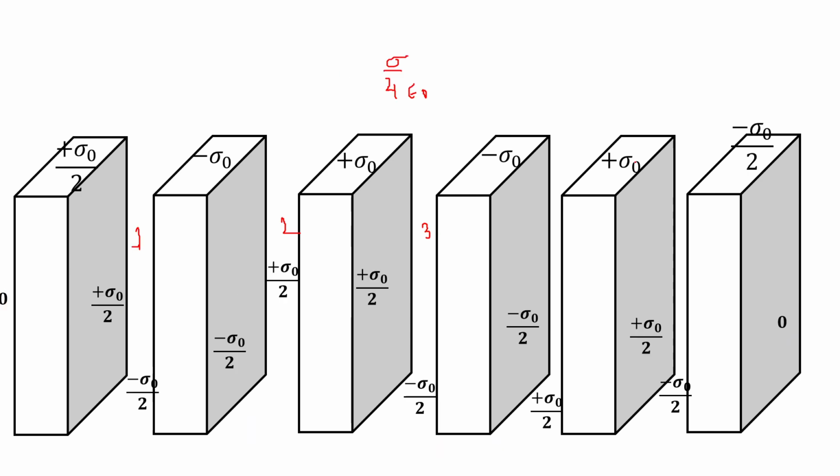Now coming to configuration 2, in this case we will use the same formula. The potential drop in this case will be sigma by 2 epsilon naught into d, that is 0.5 volt, and in the second case it will be minus, because we have minus sigma by 2 and plus sigma by 2, so this will be minus.